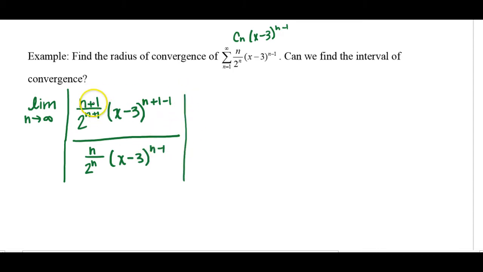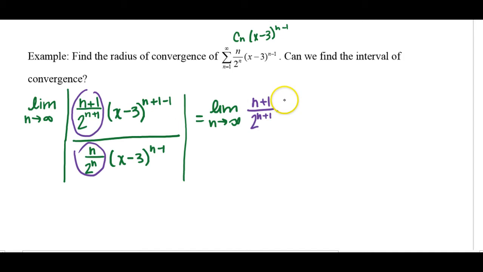Now I'm going to rewrite this, the limit as n approaches infinity. First I'm just going to look at these two portions here. I have a fraction over a fraction, so I'm going to rewrite that as n plus 1 over 2 to the n plus 1 times the reciprocal of n over 2 to the n, so 2 to the n over n.